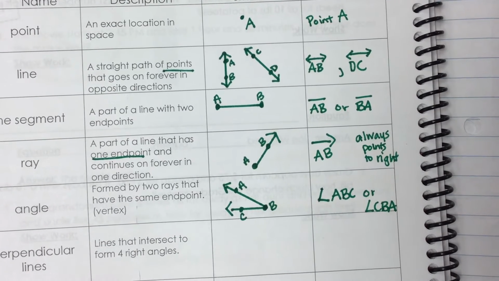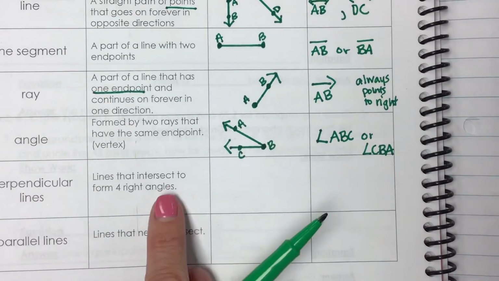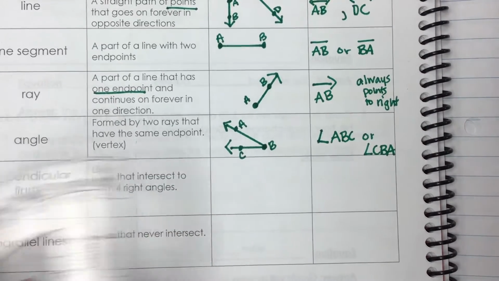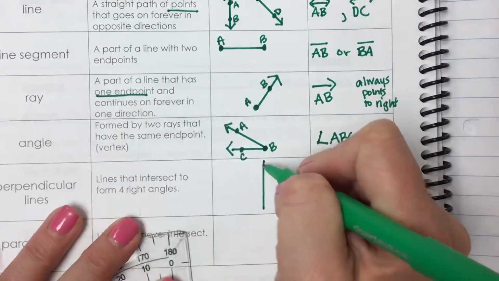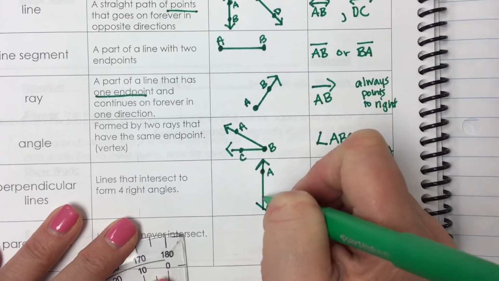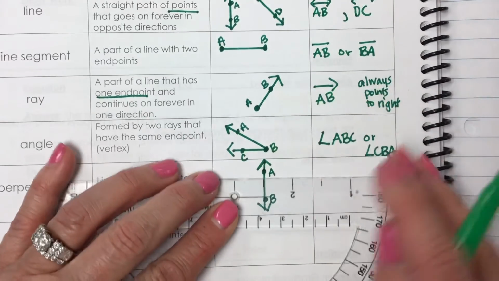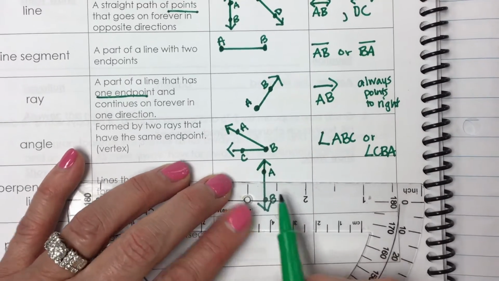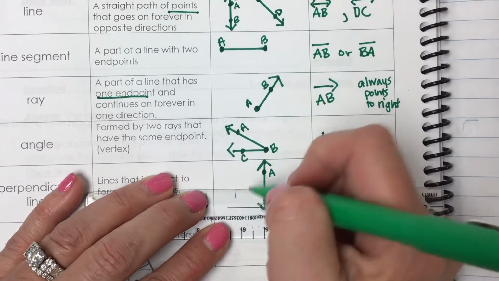Okay, perpendicular lines. Lines that intersect to form 4 right angles. We have one that's going vertical, and then we have one that's going horizontal. To make sure they're perpendicular, you can look at that line and try to line it up.